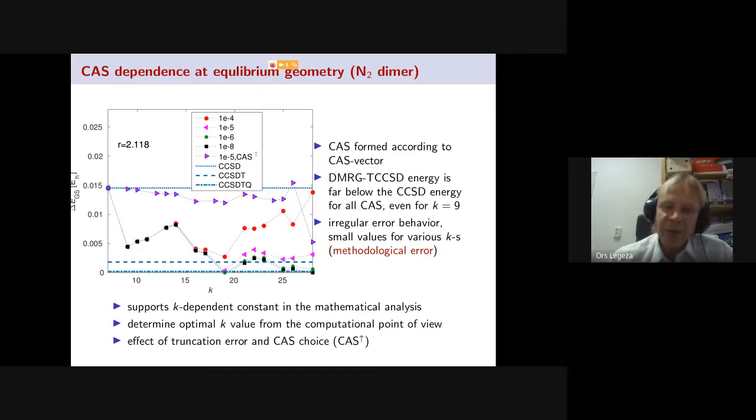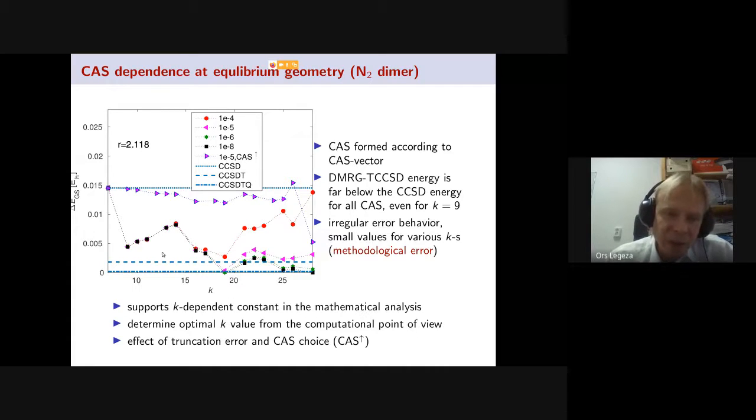But for finding the optimal CAS, there are no compact results yet from the point of view of mathematics, and it's a pretty hard problem. So what we did is some numerical studies, simply forming a CAS. At the beginning there are no orbitals in the CAS space, but everything is in the external space. And if you do TCC, then of course this is nothing else but CCSD.